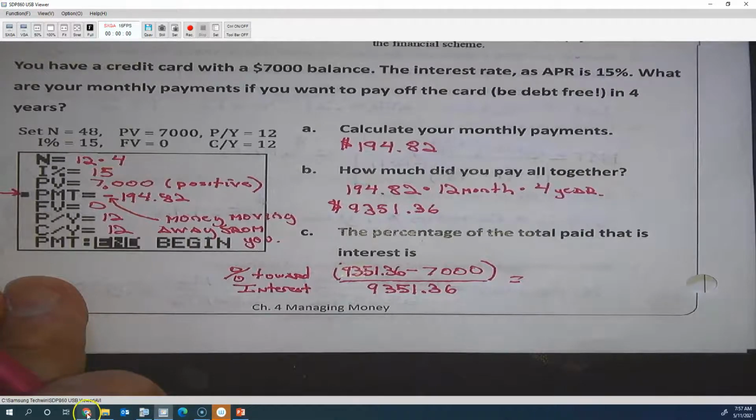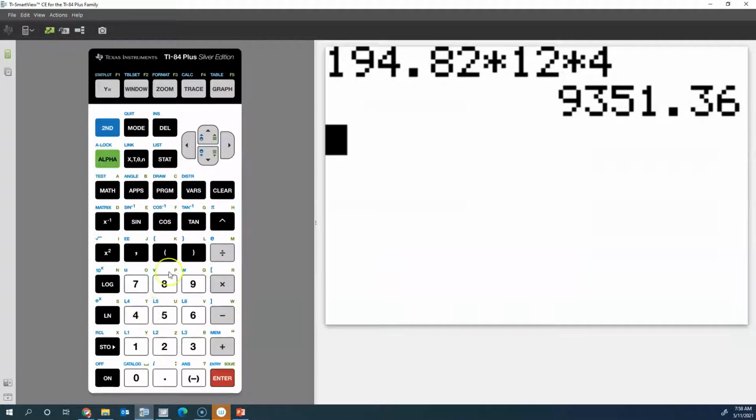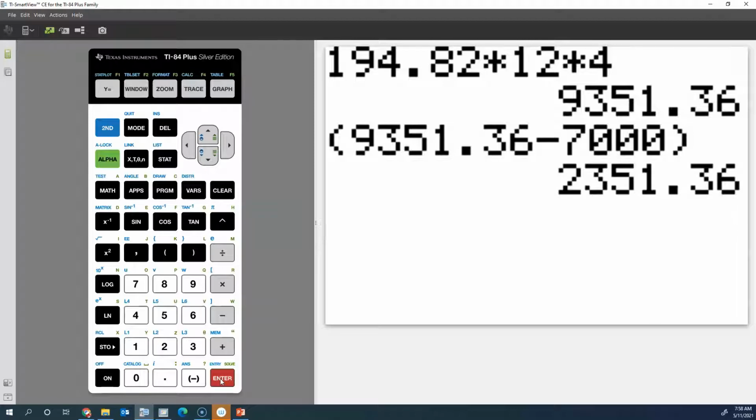So one quarter of all your money went to just paying the interest. Sounds like an issue. Okay, so let's see. Parenthesis 9351.36 minus 7,000. Close. So that's how much interest you paid over the 4 years.